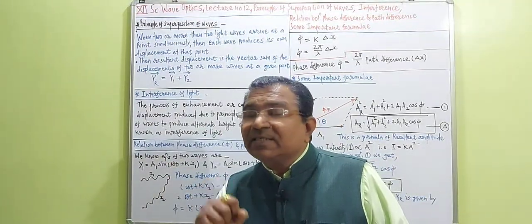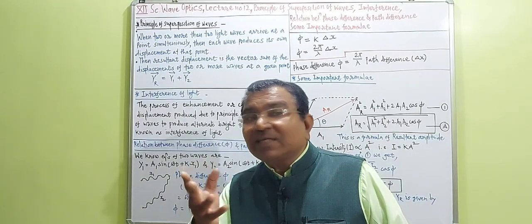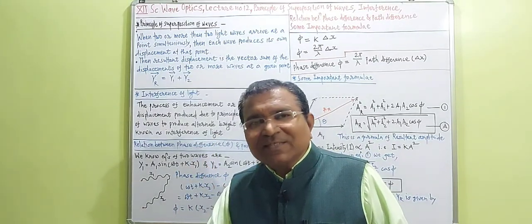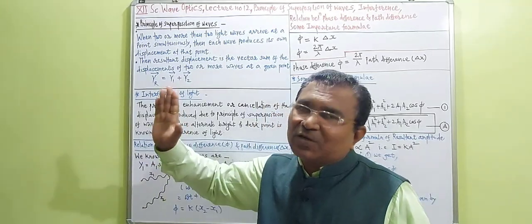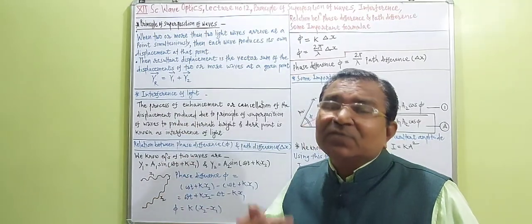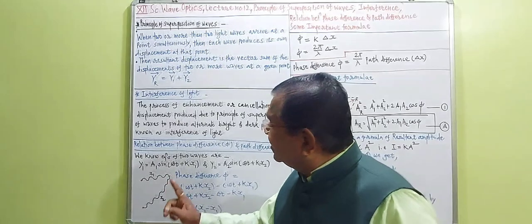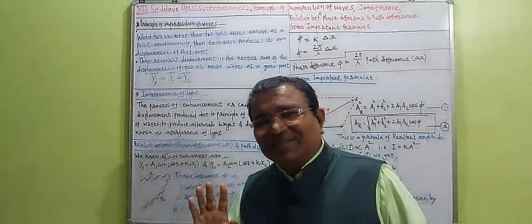So what is the resultant displacement? To get the resultant displacement, there is a subtraction of the two displacements, because one is upward 5 centimeter and the other is downward 3 centimeter. So 5 minus 3, we get 2 centimeter displacement in the upward direction.